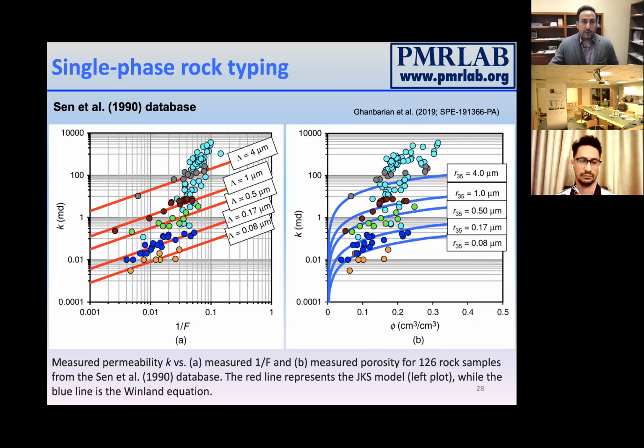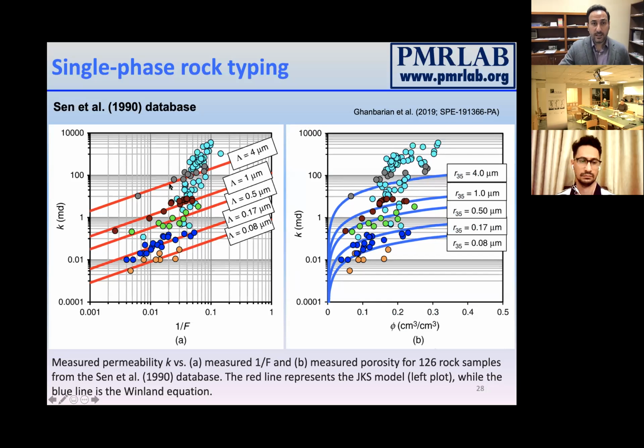This is based on permeability versus reciprocal formation factor. On the left graph, after plotting the data, we came up with different lambda values that could describe those rocks and samples.